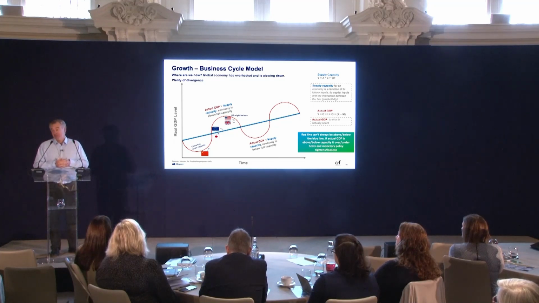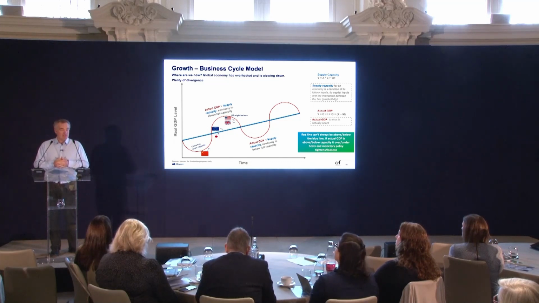The answer is lower. It's got nothing to do with anything on the demand side, nothing to do with whether people are buying cars, nothing to do with interest rates, simply because they're operating above full capacity.